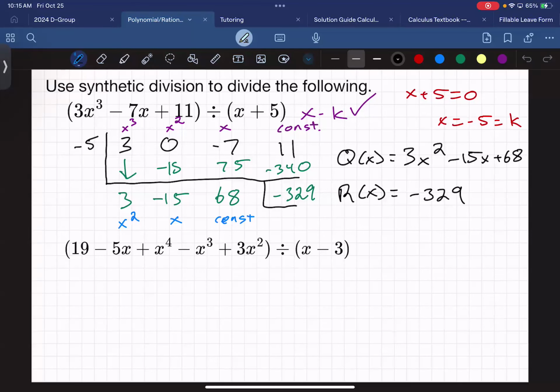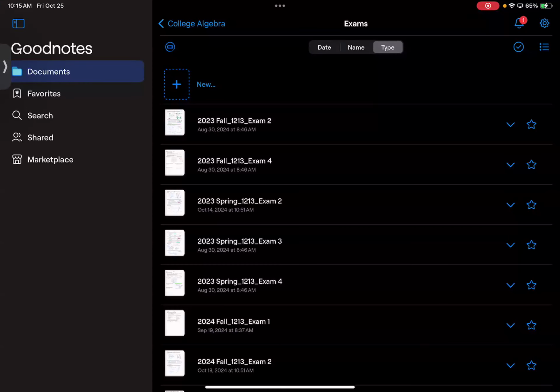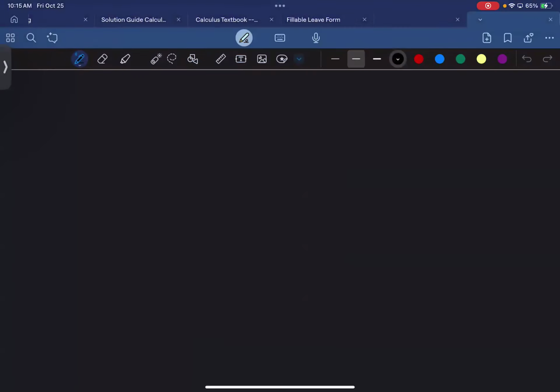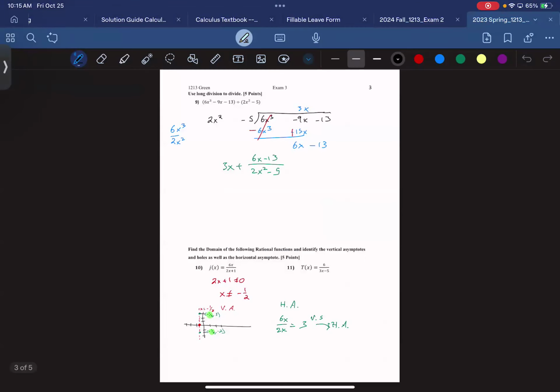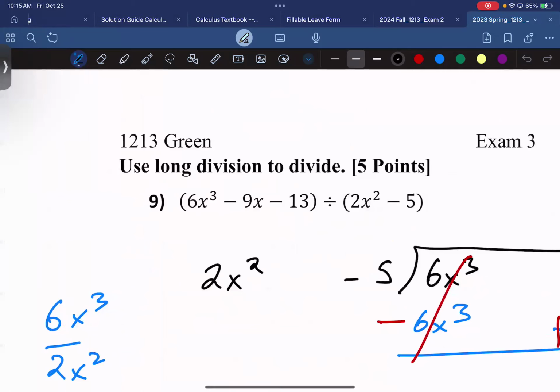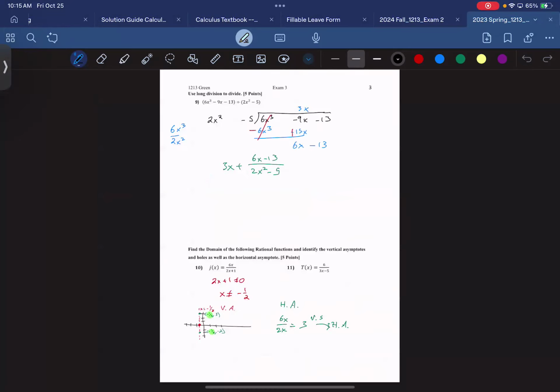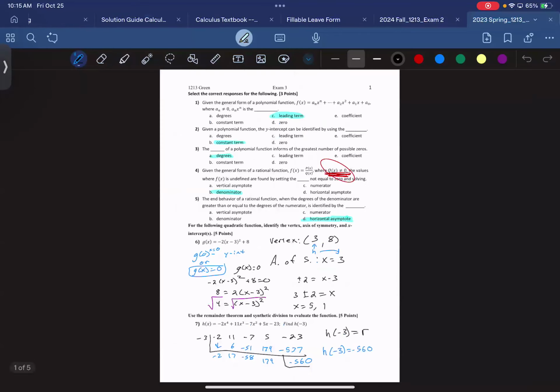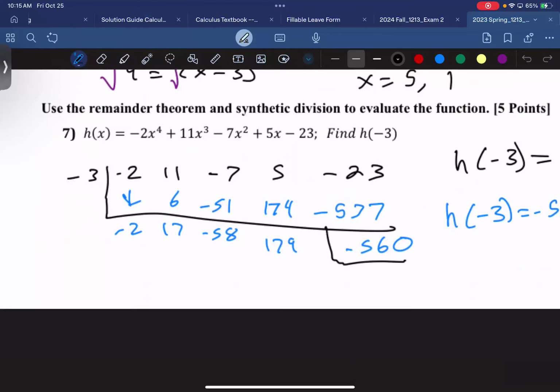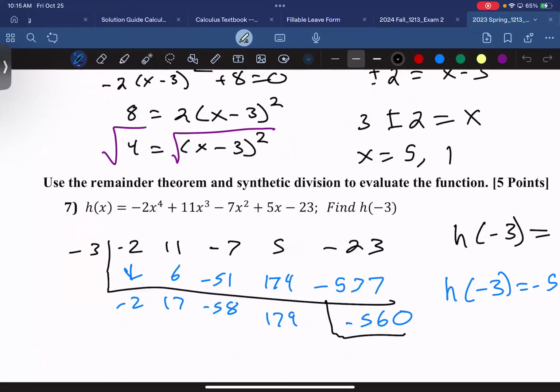Now, just make sure, I think I have the old test on here already, so let's go look. There's the one problem, as I mentioned on the test, that will say use long division. All right, does everyone see that? Now, as far as this other stuff, this is the problem it's going to tell us to use synthetic division, but make sure you see here, this is the one that we're about to do in a second by evaluating the function.